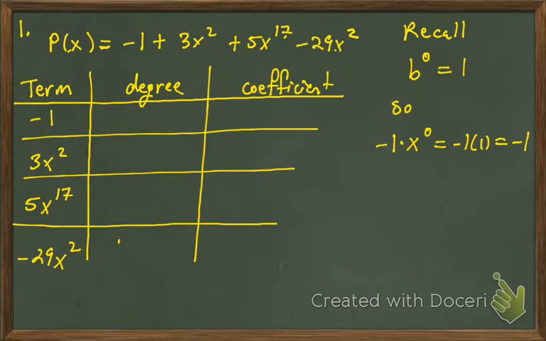So that helps us out. The degree of a term is the exponent on the x. So if it's a constant, the degree is 0. And for those other terms, the 3x squared, the 5x to the 17th, and the minus 29x squared, they all have an x that we can explicitly see, with exponents being 2, 17.